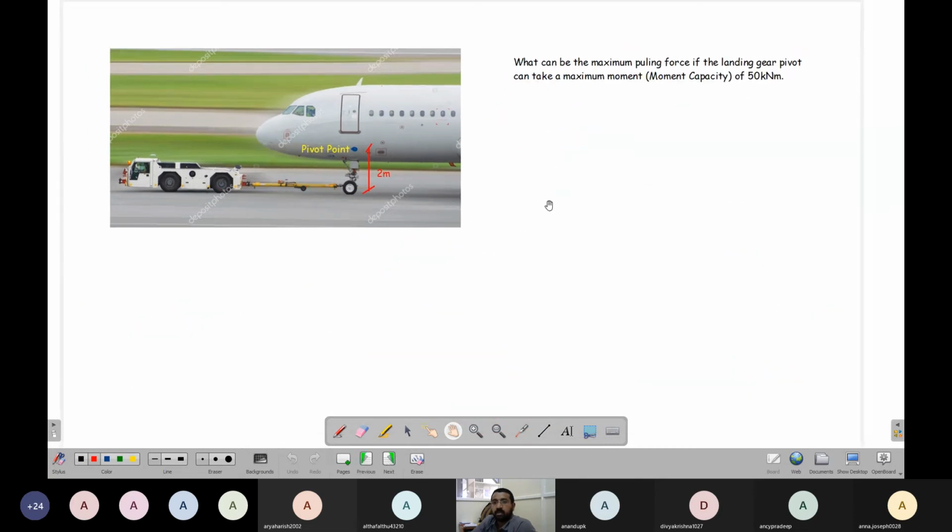Now what about this? Same question, with some change in the question. What can be the maximum pulling force if the landing gear pivot can take a maximum moment of 50 km?